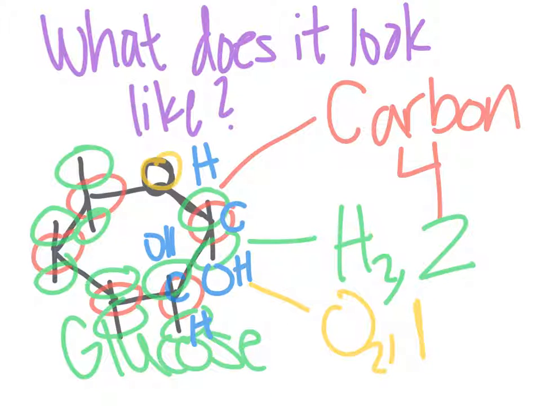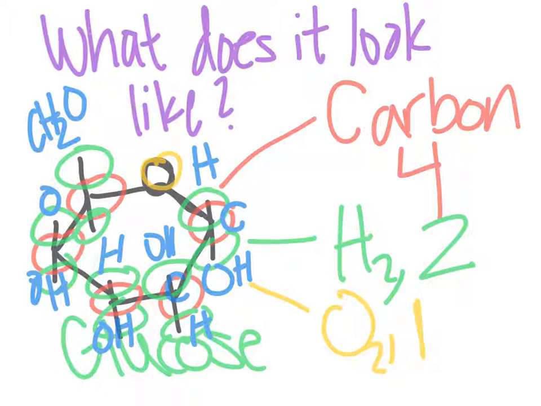Don't forget about those. We have hydrogen and oxygen at every single one of these points. And here at the top, we have carbon, hydrogen 2, oxygen, and hydrogen. And then at the bottom, we have hydrogen.